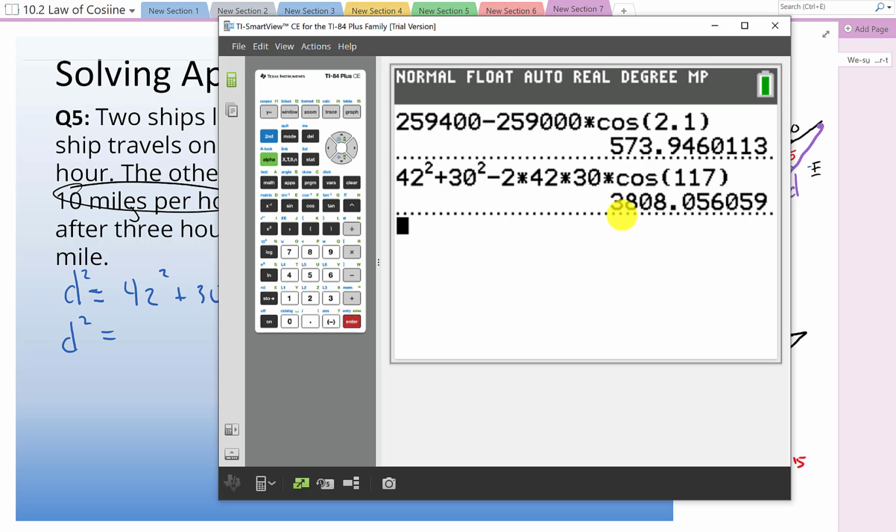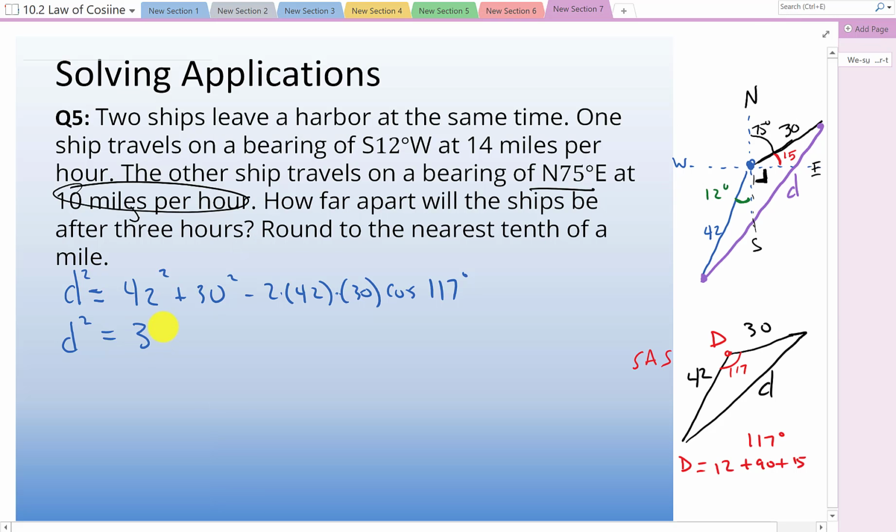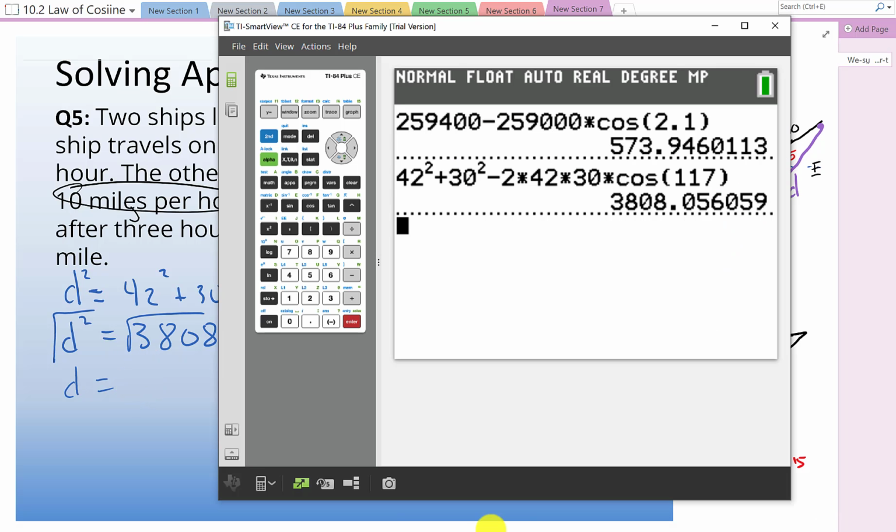That's kind of small, especially since we're talking about miles. I'm okay with rounding this to whole numbers, so we'll just go 3,808. But I need D. So we'll just take the square root of that. And so we can finish this.